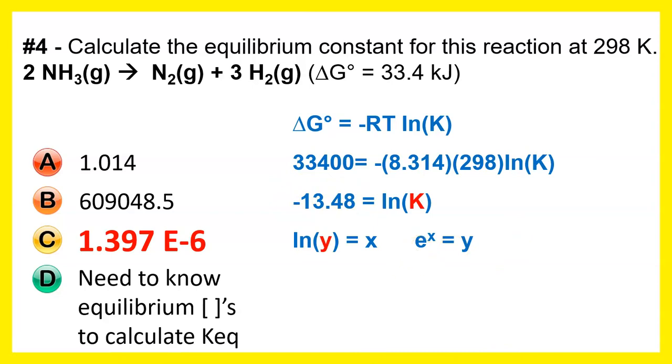Not capital E like doing your times 10 to your exponents. But there's a little button for that magical number that's e. So e to the negative 13.48 gets me this super tiny K value, which makes sense because I should not have a lot of products if it's not a favorable reaction.